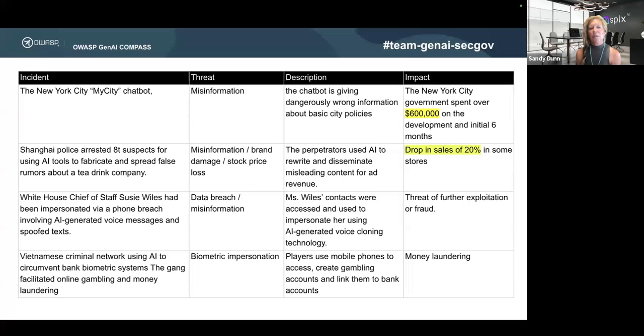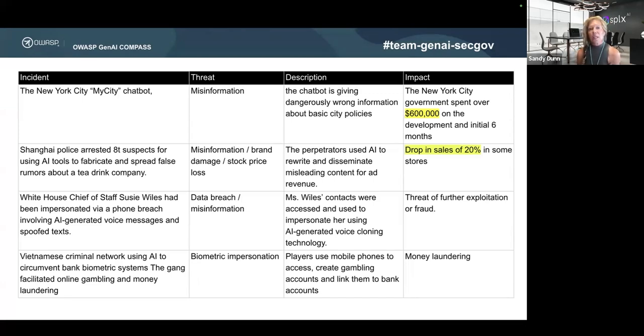This was recent. The White House Chief of Staff, Susie Willis, her voice was cloned. This was a combination of voice cloning and they suspect some malware. But she basically will fight fraud and identity theft for the rest of her life. The last one, a Vietnamese criminal network used AI to circumvent bank biometrics, which what I found compelling about this was they weren't actually robbing the victims, even though they were using their credentials.